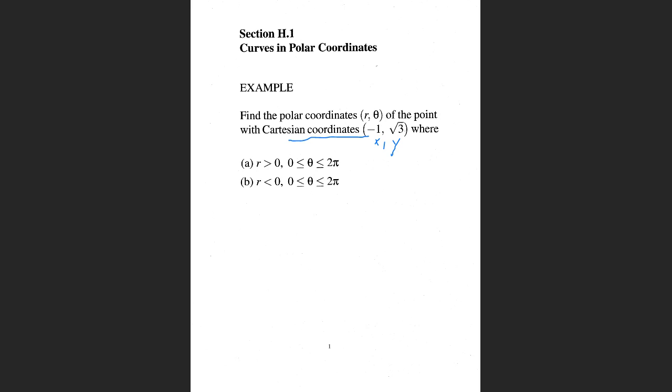For part A, we're going to restrict our angle to be between 0 and 2 pi, but we want the radius of the polar coordinate to be positive. And in part B, we're going to find another polar coordinate that has the same location as the Cartesian coordinate -1, root 3, but its radius is going to be negative.